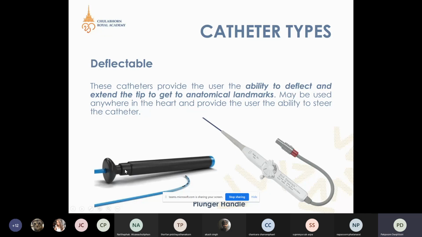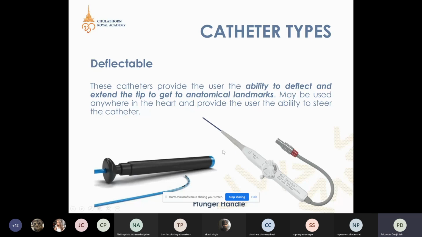The black handle here is a sample of a unidirectional curve, where you can only push and pull to deflect the tip of the catheter.